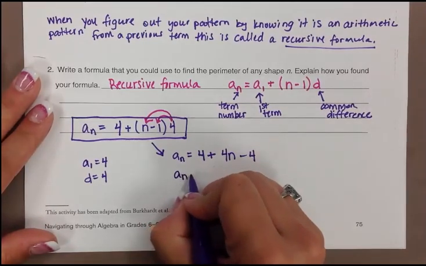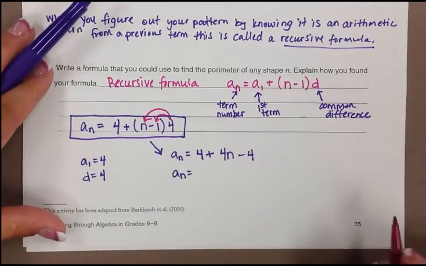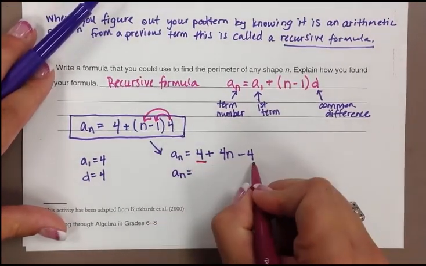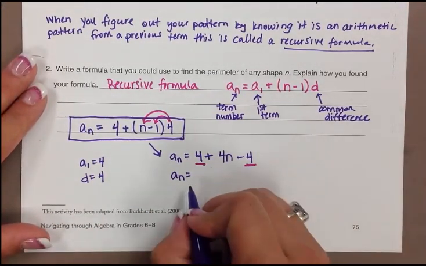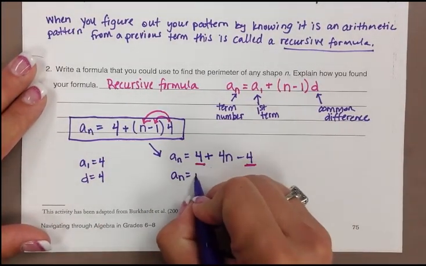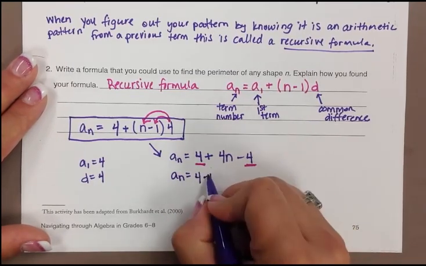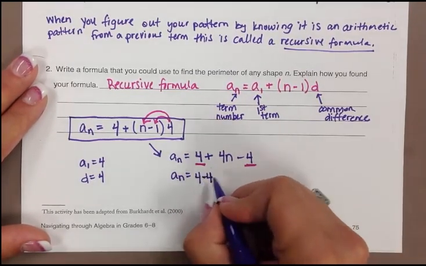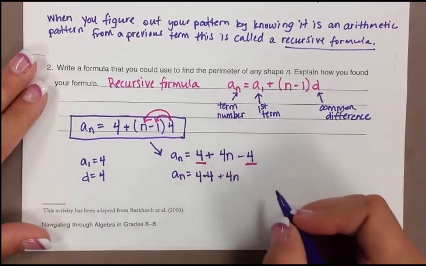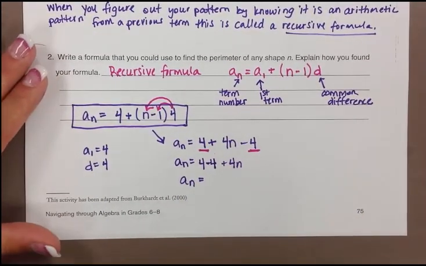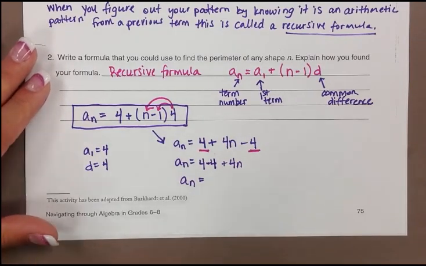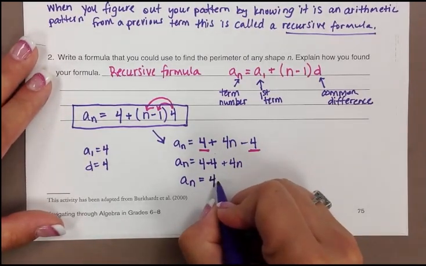So we can continue to simplify from here. Combining our like terms, in this case 4 and negative 4, a sub n is equal to 4 minus 4 plus 4n. So our final formula, 4 minus 4 is 0, so we're left with just 4n.